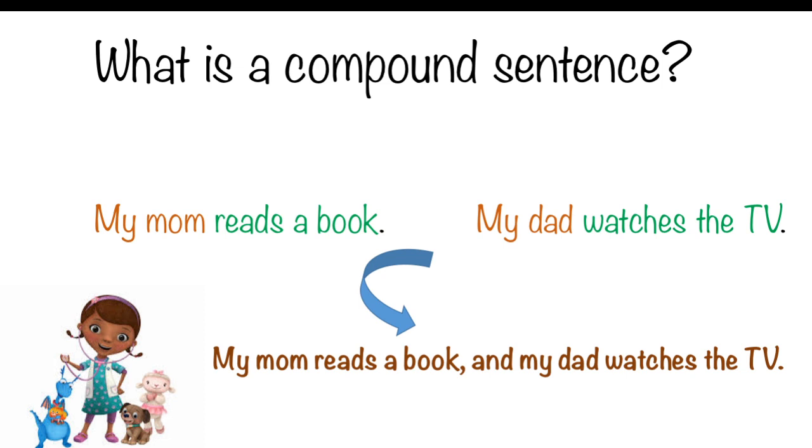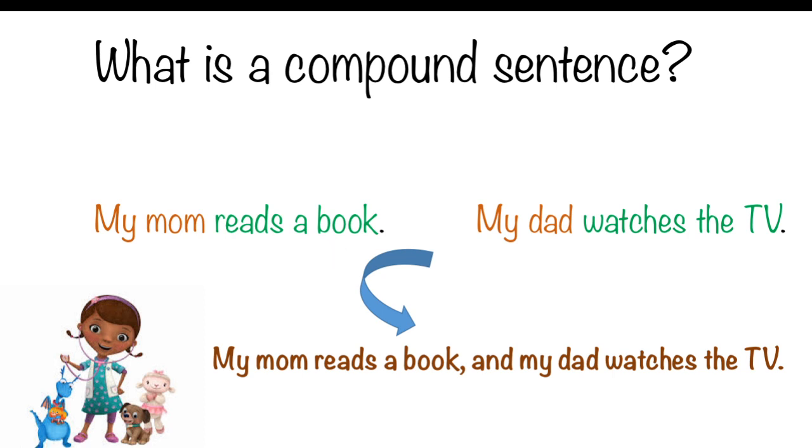And I also told you that every sentence must have two parts, subject and predicate. Remember? The subject is "My mom," because the subject of the sentence tells me who the sentence is about. And the predicate tells me what the subject does. What does my mom do? Reads a book.